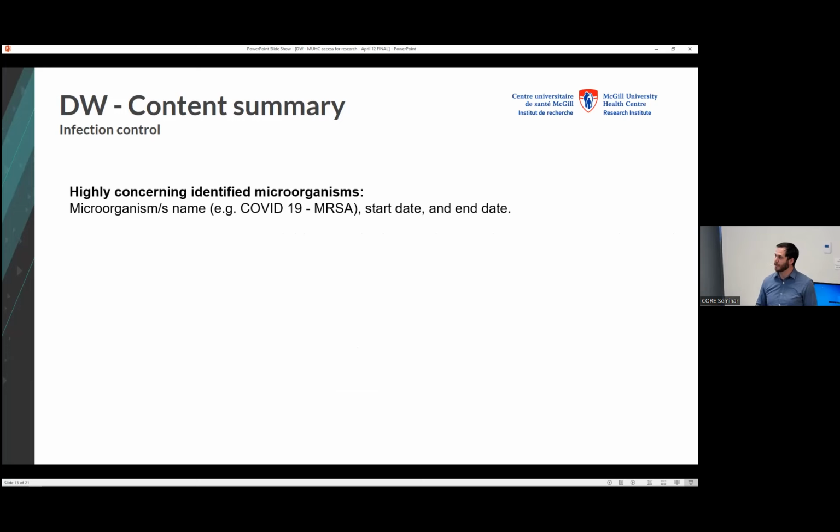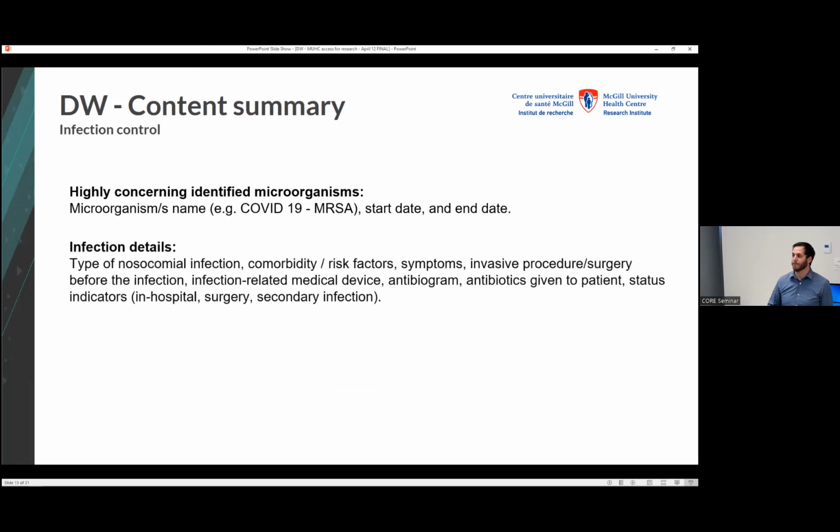We have the start date and the end date. We also have the infection details: type of nosocomial infection, comorbidity, risk factors, symptoms, invasive procedures, surgeries before the infection, related medical device, antibiogram, antibiotics given to the patient, status indicator in hospital, surgery, secondary infections.